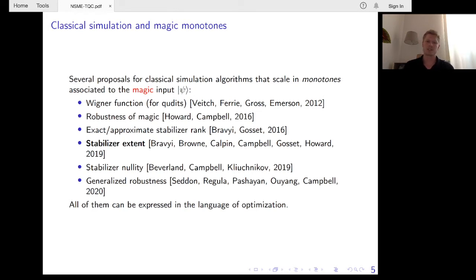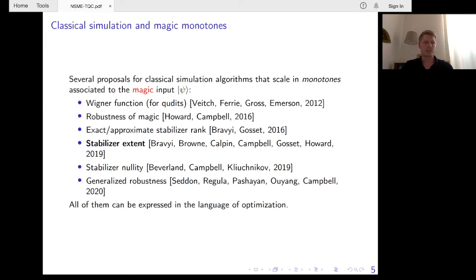Then there's the exact and the approximate stabilizer rank, which works on the level of vectors, as the stabilizer extent does, which was introduced in 2019 by these 6 people here: Bravyi, Browne, Calpin, Campbell, Gosset, and Howard. And there were also other proposals like the stabilizer nullity or the generalized robustness. And what do all of these magic monotones have in common? They can all be expressed in the language of optimization.